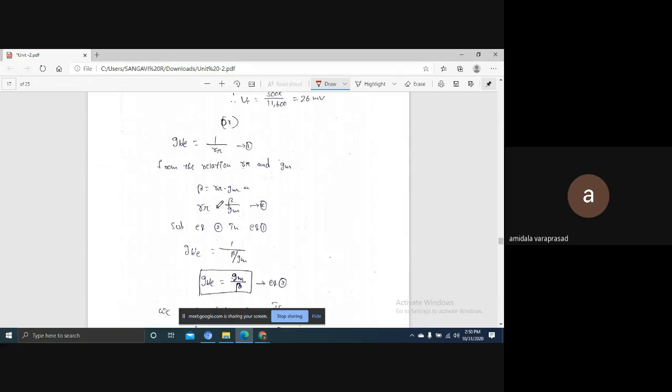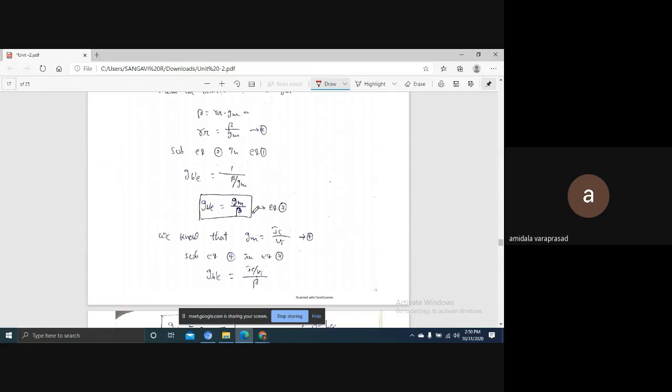From this, R pi is equal to beta by GM. Substituting here, 1 by R pi is equal to GM by beta. This is equation 3.